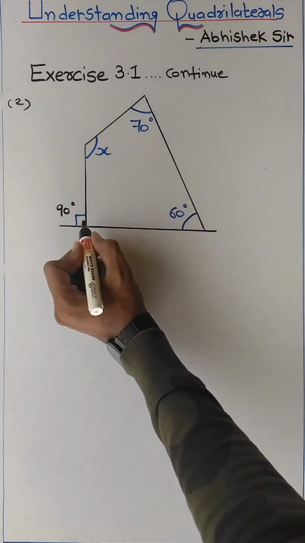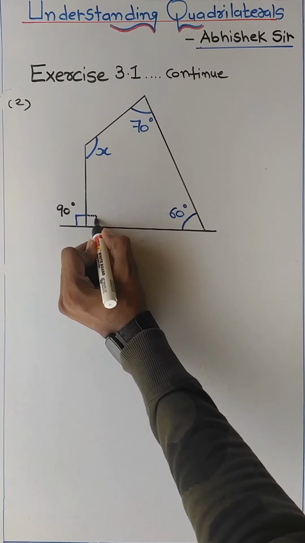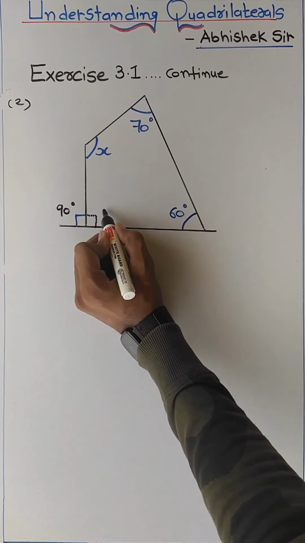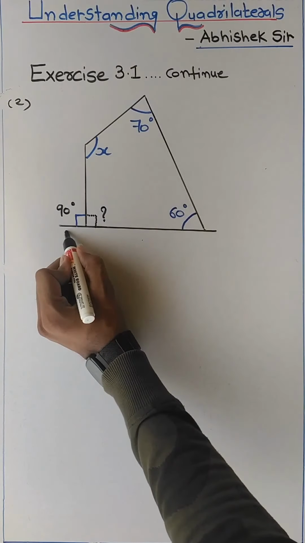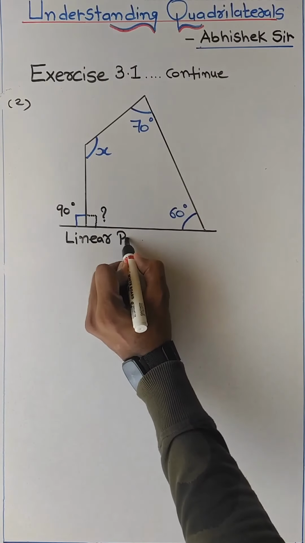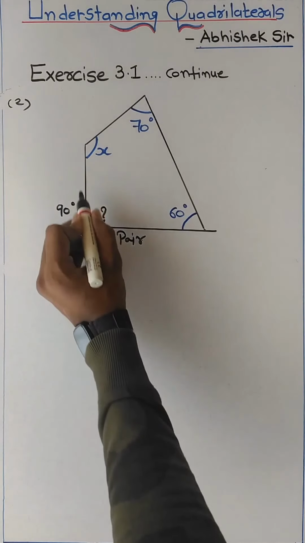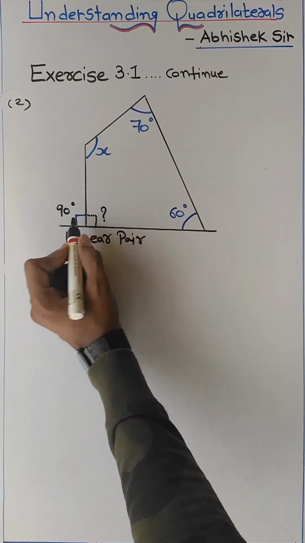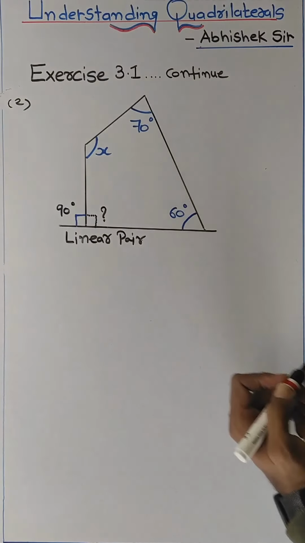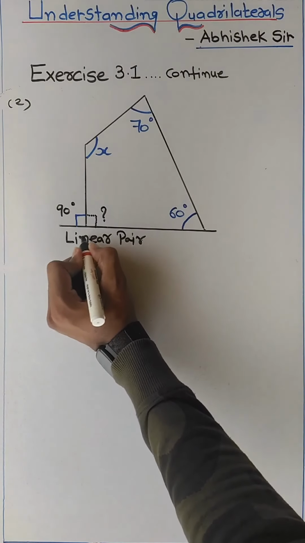And if you want to find out the internal angle, that is this one, you have to use another property. Now you will have to use linear pair property, right? Whenever a line is divided into 2 angles, then you can use linear pair property, right? This you already have learned, I guess.